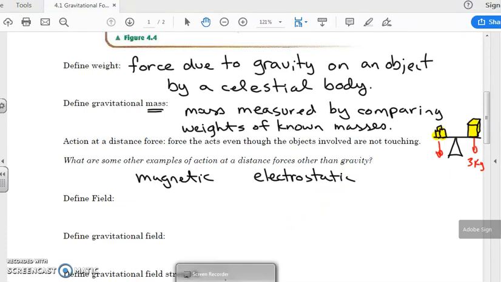Right, where you have picked things up or moved things due to static electricity, even though they're not in direct contact. And all of this is mostly because we kind of take that action at a distance as being in a field, which is really just a fancy way of saying a 3D region of influence.